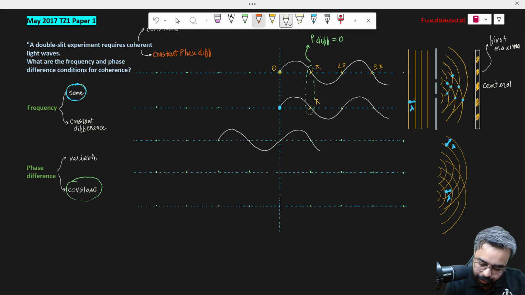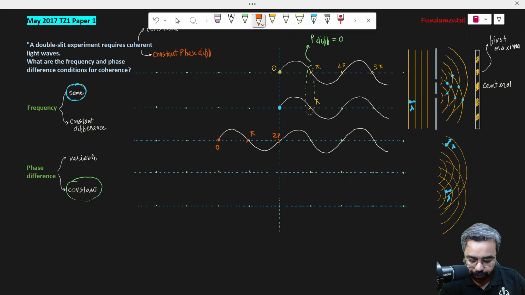So now I'm intentionally producing a phase difference because I want to show you that it is not necessary that the two waves which are producing a constructive interference will always have a phase difference of zero. It is not necessary. Why? Because if you consider this point, this is zero. For this wave, it is pi. This is 2 pi. This is 3 pi. And this is 4 pi.